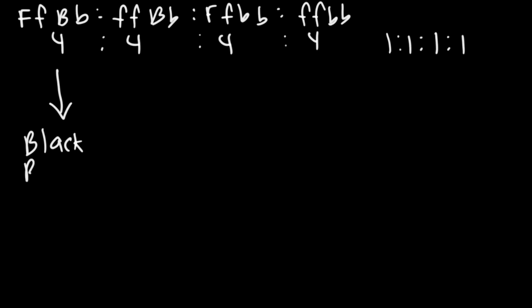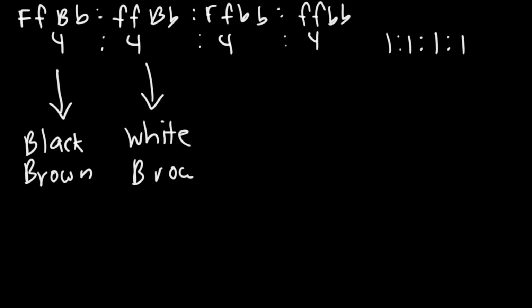corresponds to a bear with black fur and, actually not blue eyes, but brown eyes because of big B. Now the second genotype, little f, that's for white fur, big B, little b, that's for brown eyes. The third genotype, big F, that's for black fur, little b, that's for blue eyes.